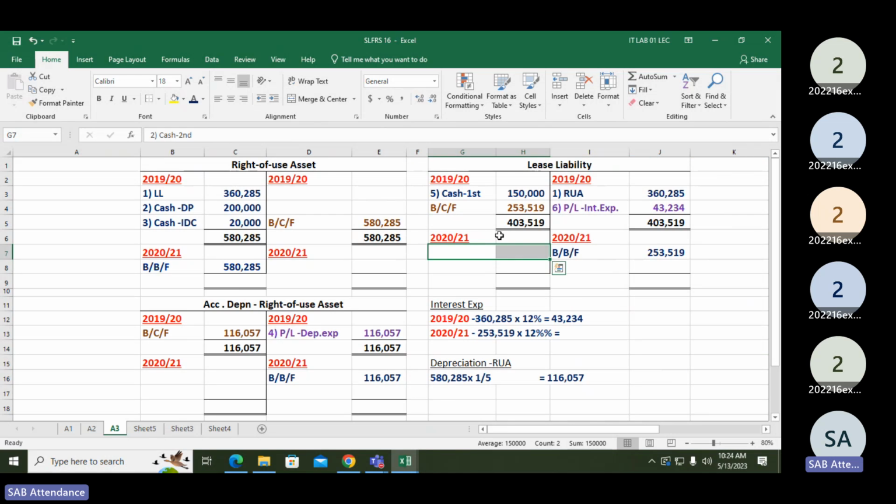So second year again we pay 150,000 second installment. Now interest out of it, 12% of this 253,000.